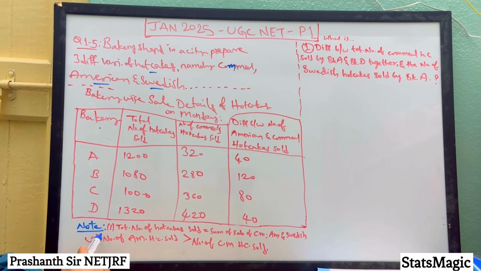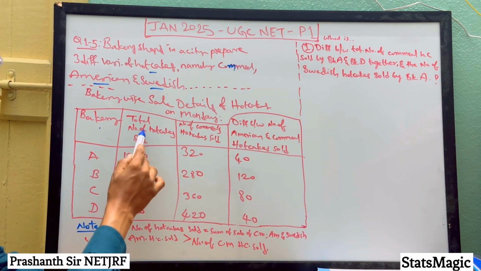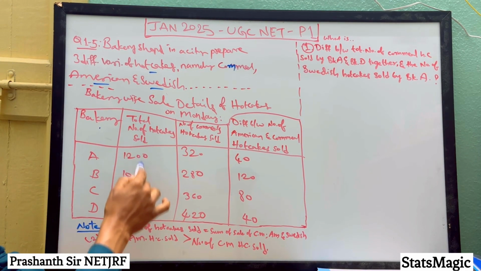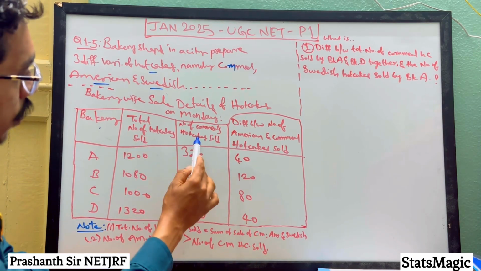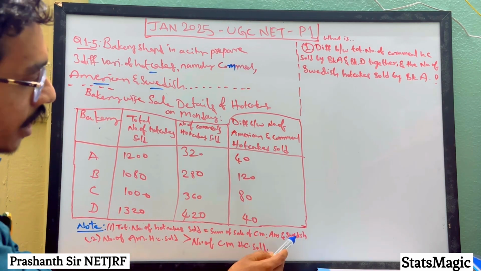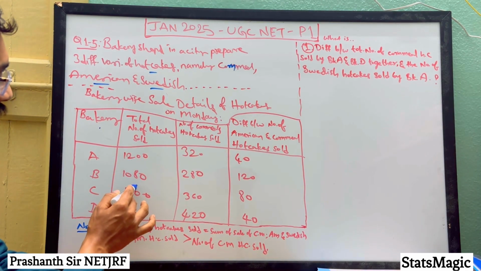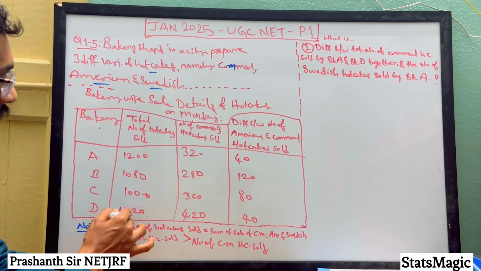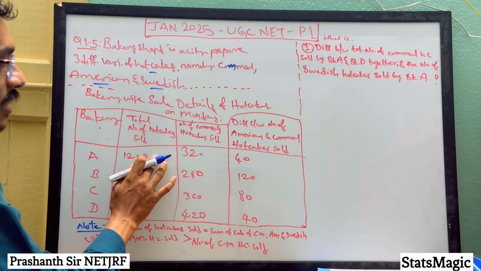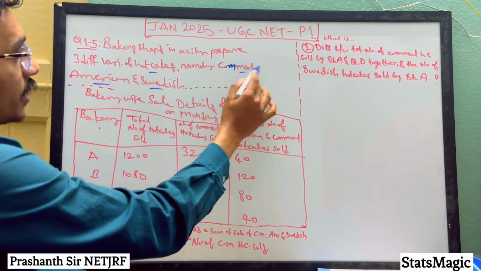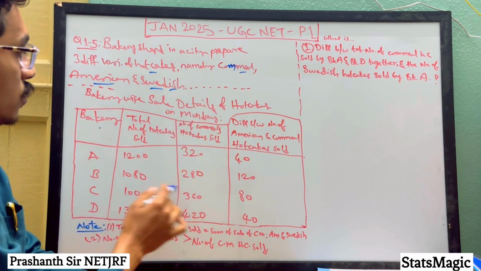See, here they have given a note also. Total number of hot cakes sold, that means the second column, is the sum of sale of cornmeal hot cakes, American hot cakes and Swedish hot cakes. That means this 1200, this 1080, 1320 for A, B, C, D. This 1200 is equal to cornmeal hot cakes plus American hot cakes plus Swedish hot cakes sales together.